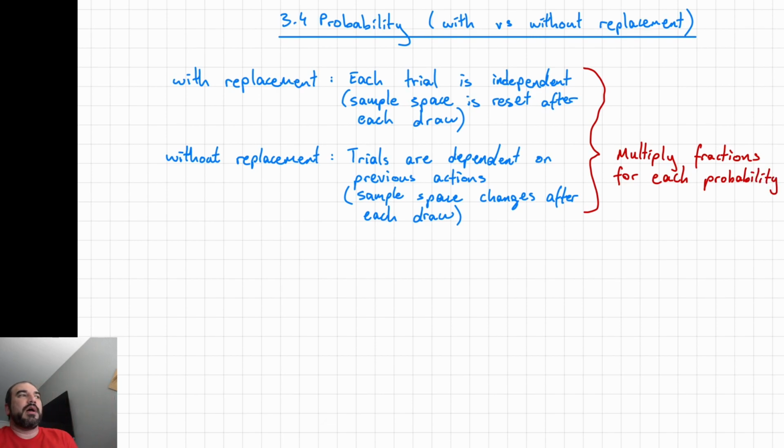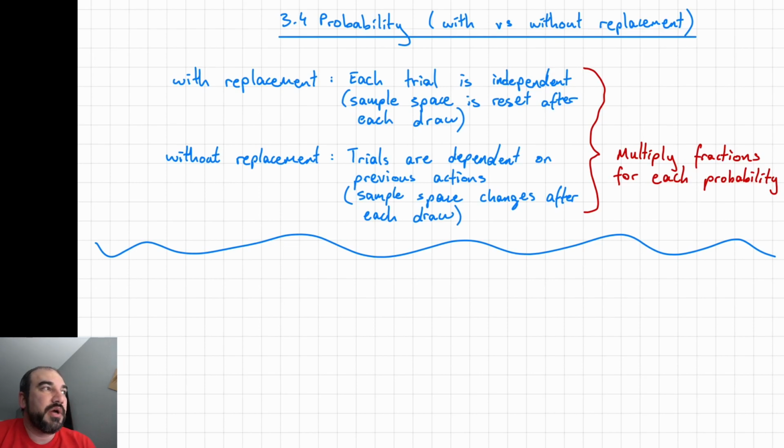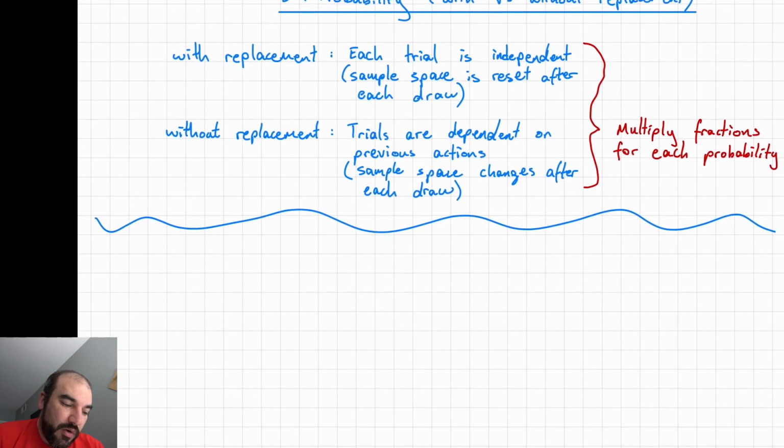But we're going to keep track of whether or not the sample space has changed and modify our fractions accordingly, because we know that each probability is some form of a fraction, right? So the fraction is either going to have the same denominator sample space, or it's going to be altered because we're doing a without replacement question.